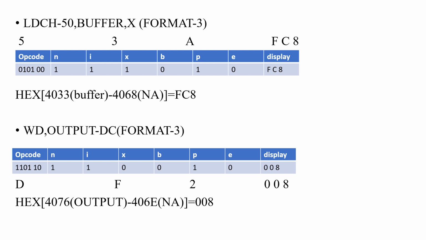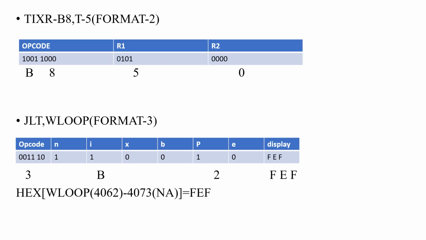Again we are subtracting the output value from the next address, so we are getting program counter as 1, and the displacement is 008. The object code for WT output is DF2008. In the same way we are solving for TIXR and JLT.